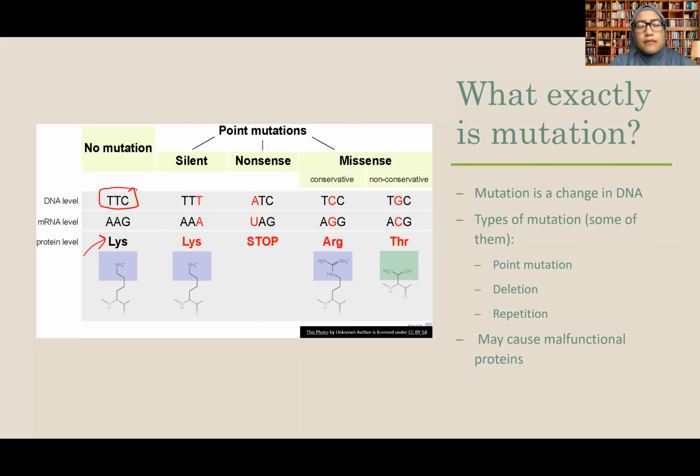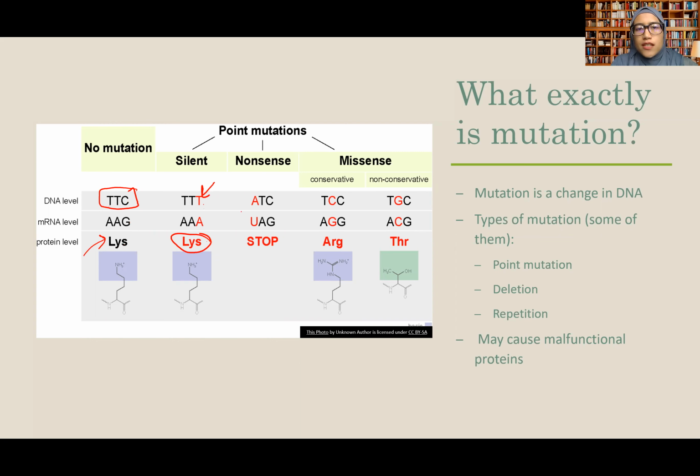A silent mutation is when the DNA has a mutation, but in this example, it has a mutation at the C. Instead of C, it becomes a T. But when it translates, it still doesn't change its amino acid. It's still the same as with no mutation.